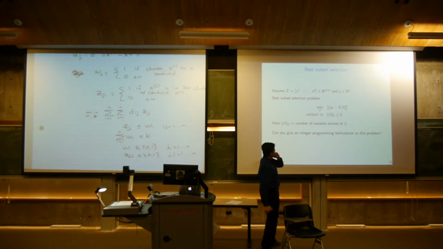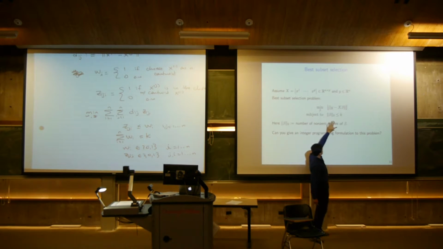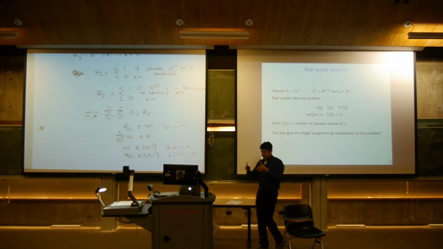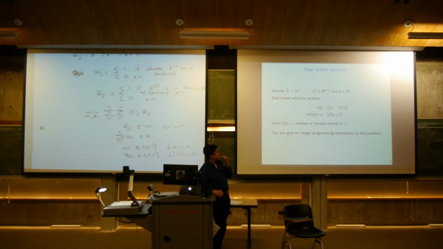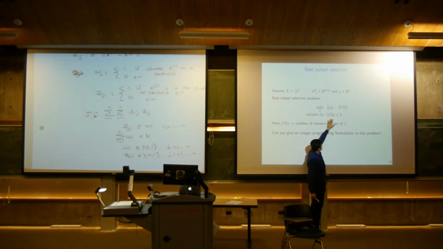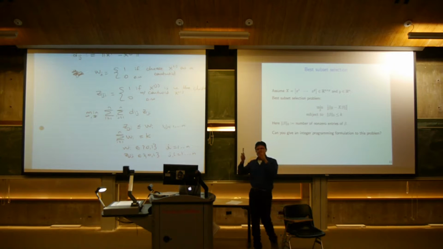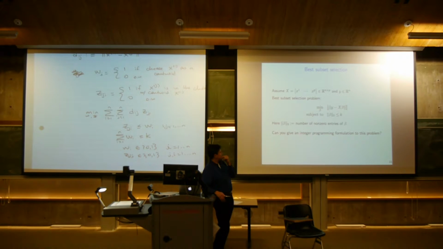Here, the problem is we want to find a set of predictors for a least squares that, in principle, minimizes my least squares, and that the set of predictors has a size at most k.